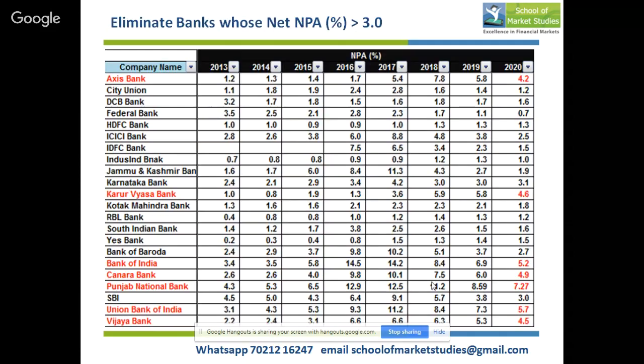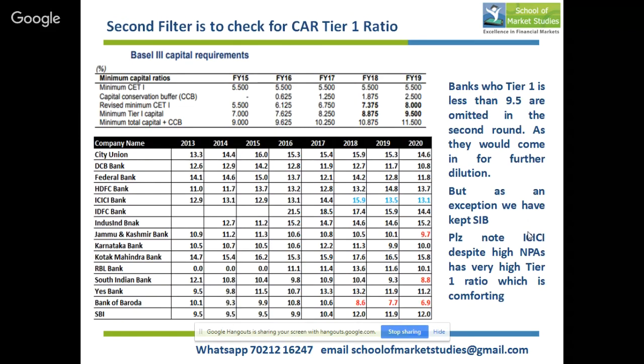Let us check, right? South Indian Bank has a watered down ratio of 1.6 in FY20, which is very, very agreeable, and hence we have included that bank and kept it in our shortlist.